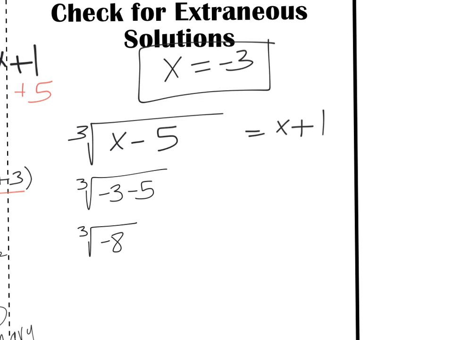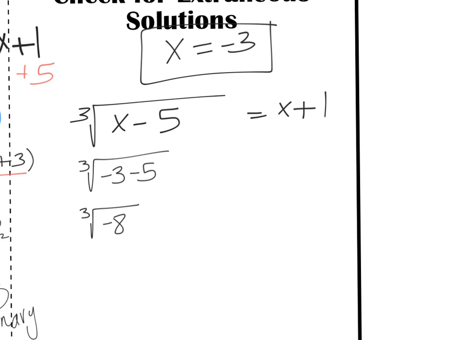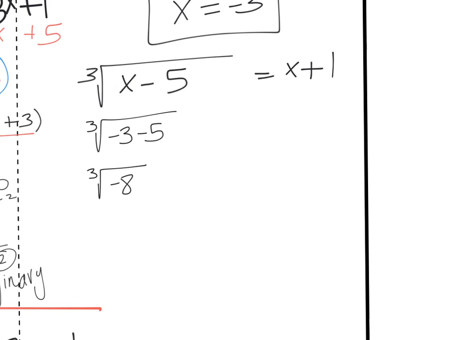Now cubic root of -8, think of a number when you multiply it by itself 3 times, you will get an 8. That's a 2. And remember that it's a -2 because -2 times -2 is a positive 4. And times -2, you will get a -8. So the answer of cubic root of -8 is a -2.